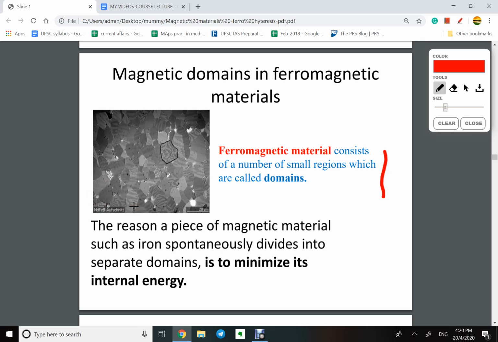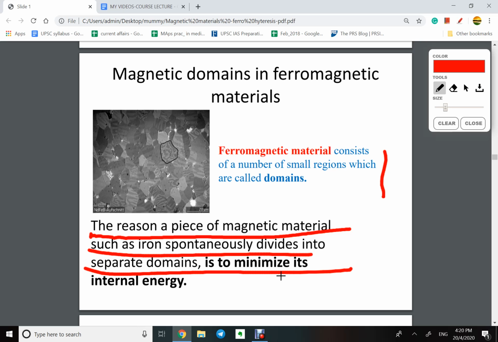What is the need of the domain? The reason a piece of magnetic material such as iron spontaneously divides into separate domains is to minimize the internal energy of the system. Any system should be in its lowest energy, then only it will be stable.